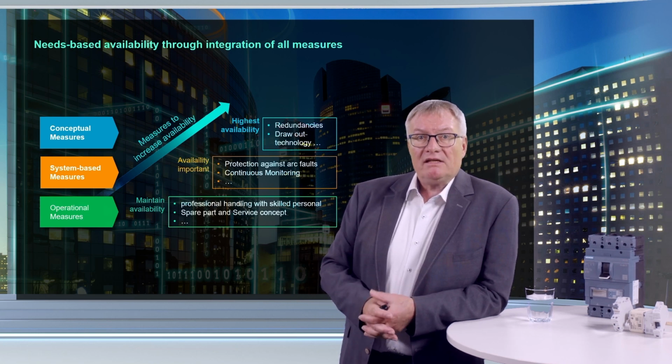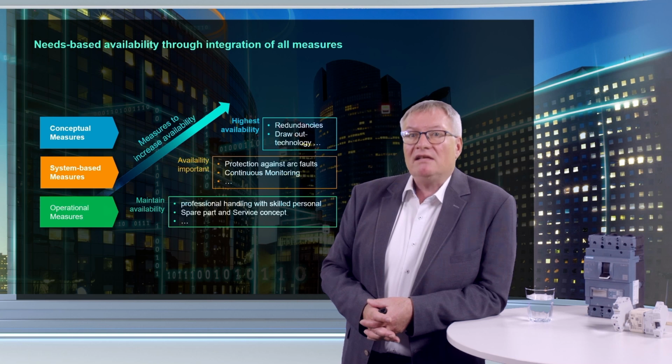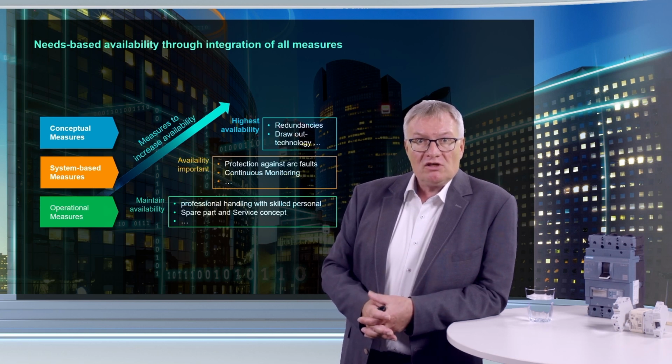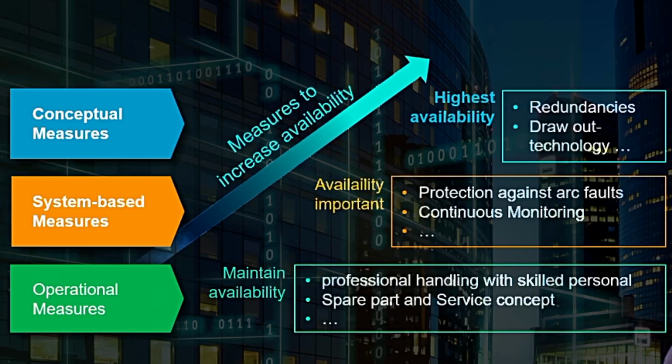The operational measures, on the other hand, are basic obligations for operational safety and also suitable measures for safe operation and maintaining the equipment availability. A need-based availability can always be achieved by integrating all measures.